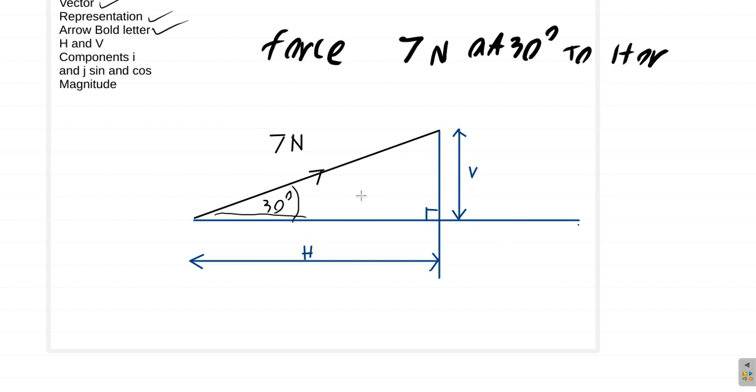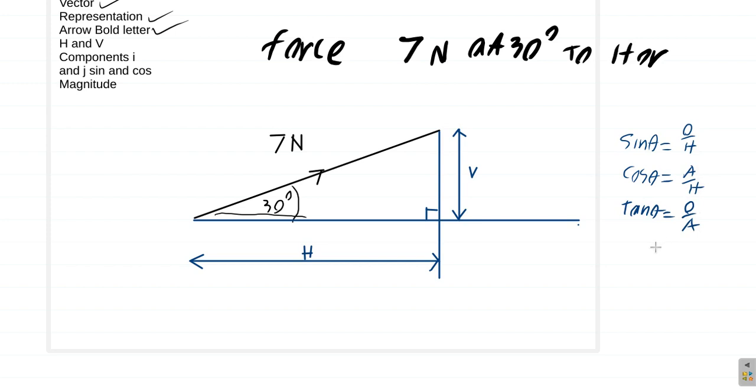So suppose you consider this vector: 30 degrees, 7 newtons. The horizontal component would have been what? Well, try this. You remember sine theta equals opposite over hypotenuse, cosine theta equals adjacent over hypotenuse, and tangent theta equals opposite over adjacent.